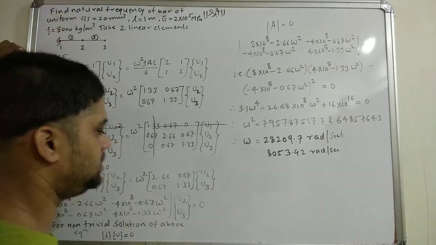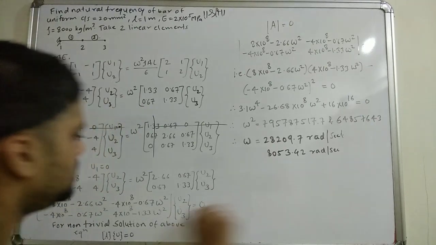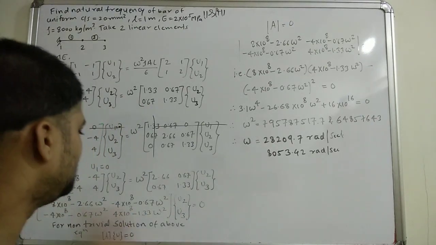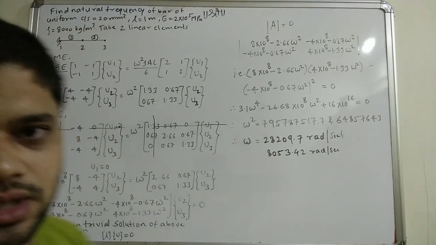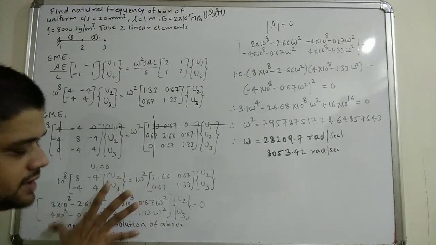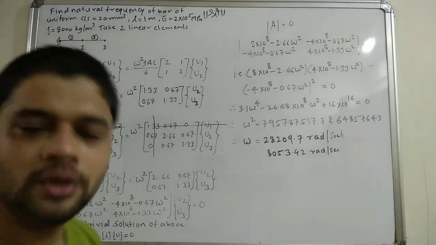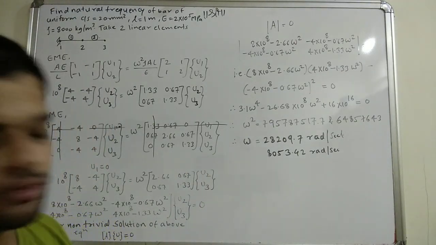The displacement vector matrix U2, U3 is common now, equal to 0. This is a matrix equation of the order of some square matrix 2 by 2, A, multiplied by a column matrix U, equal to 0. That is, AU equal to 0.